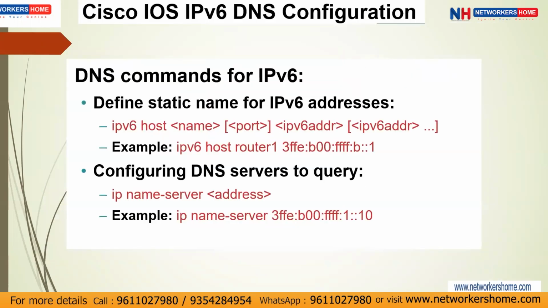So the DNS commands for IP version 6 configuration define a static name for IPv6 addresses, like the ipv6 host name, then the IPv6 address. For example, ipv6 host router1.